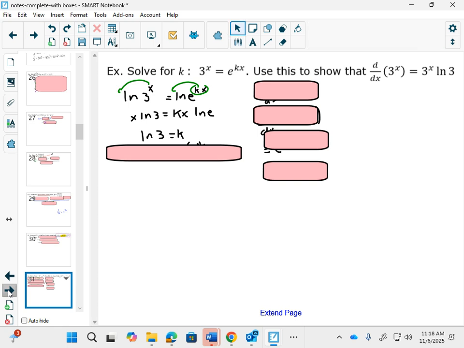If I divide everything by x to get rid of the x completely, then I get that k is equal to the natural log of 3. Which means every single base, if you wanted it to, could be written as a base of e.